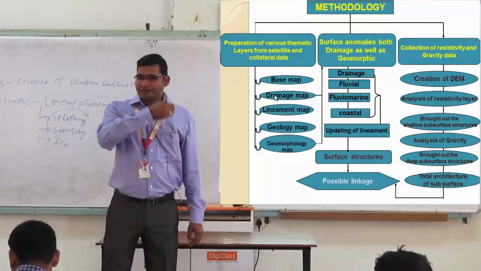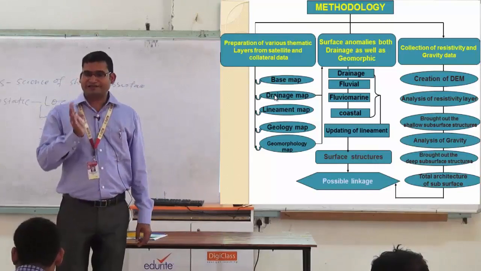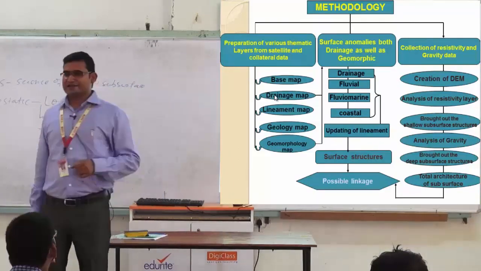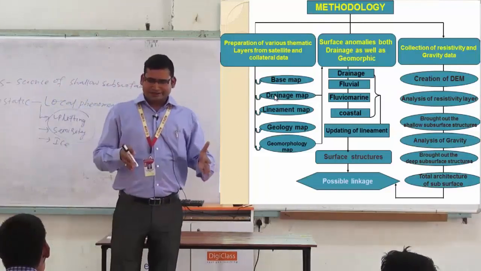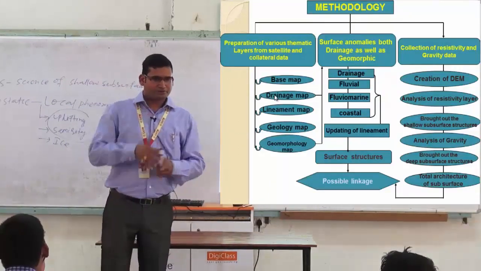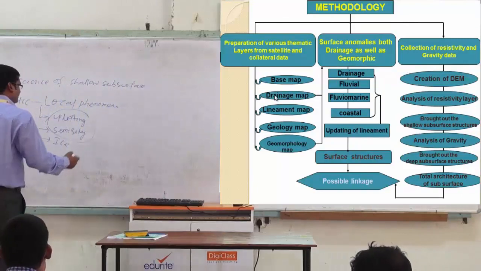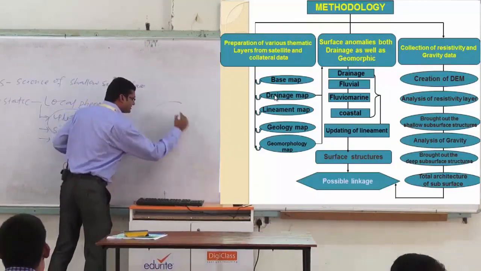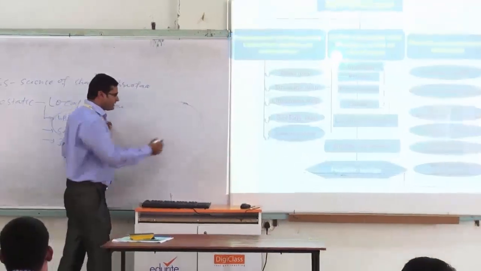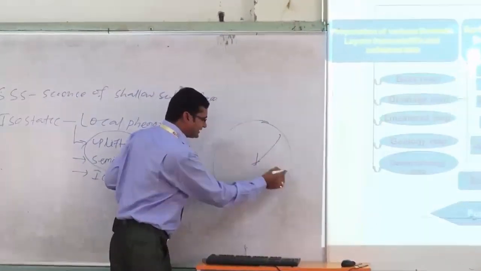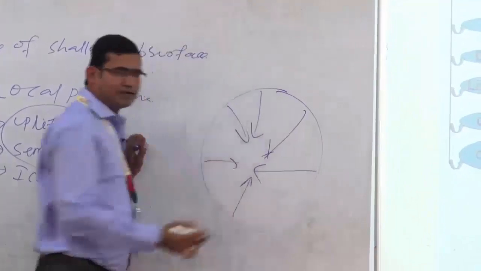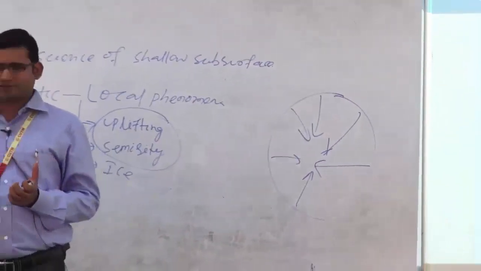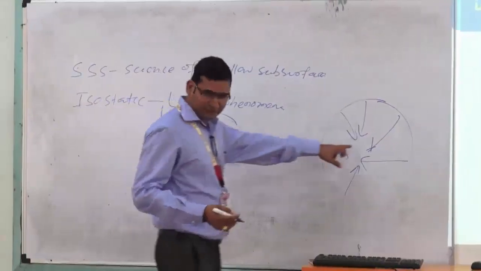Okay, we will study all these things, how the lineament is varying, and the drainage also. Whatever drainage structures you will see, if I consider this is the area and all drainages are coming in these directions, that means all the water flow lines are coming to this center.